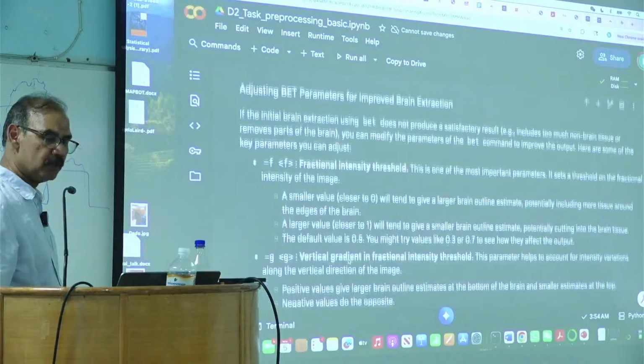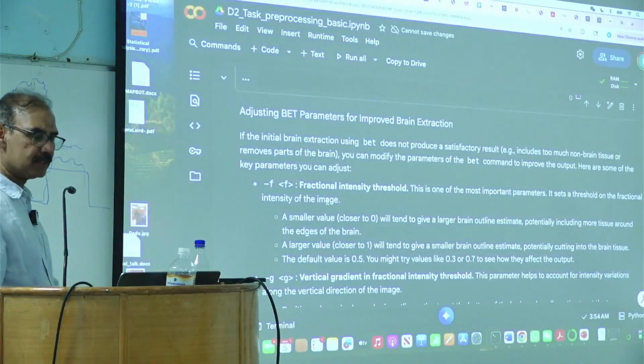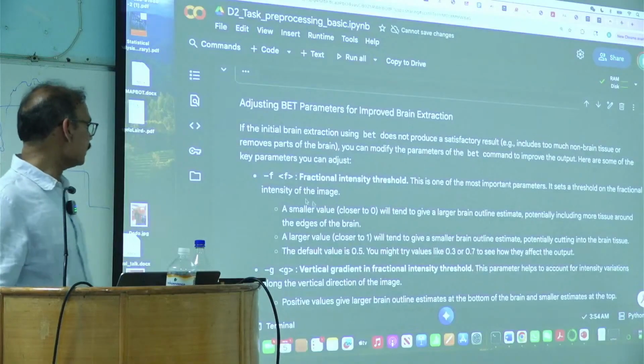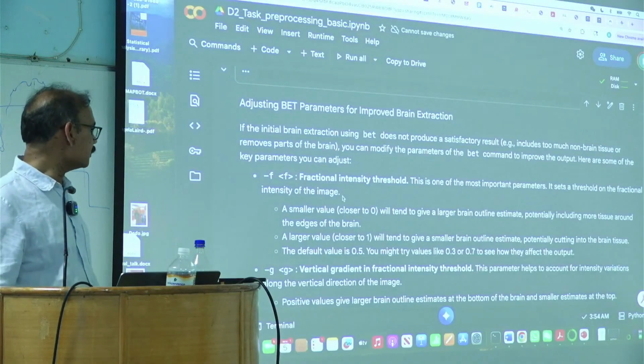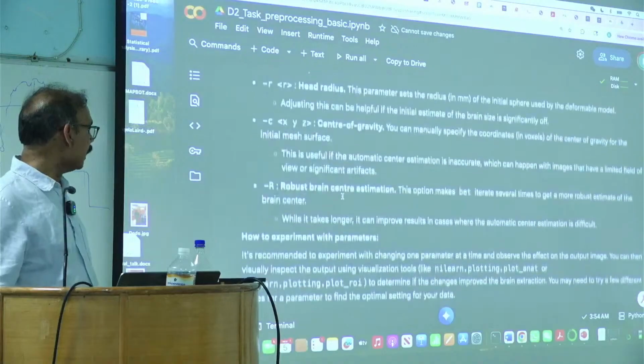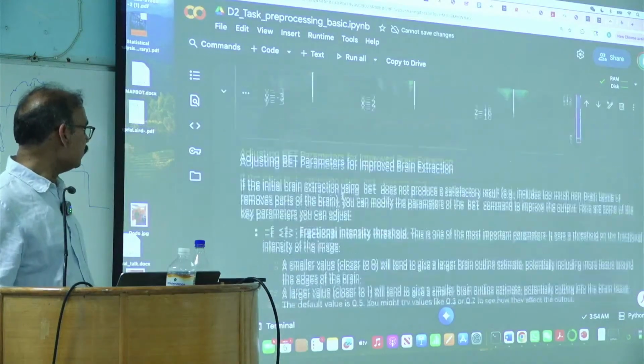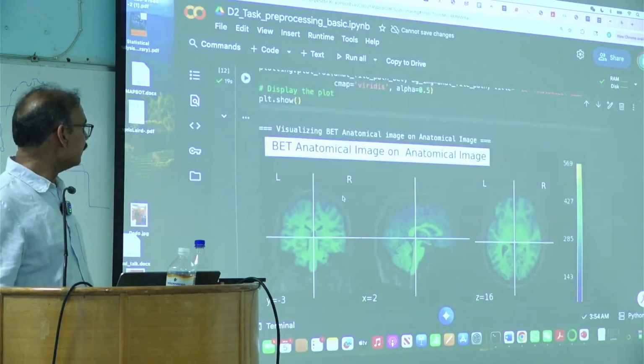So this shows the different parameters for doing the segmentation, different ways to threshold. But I have used the ones that we typically use.